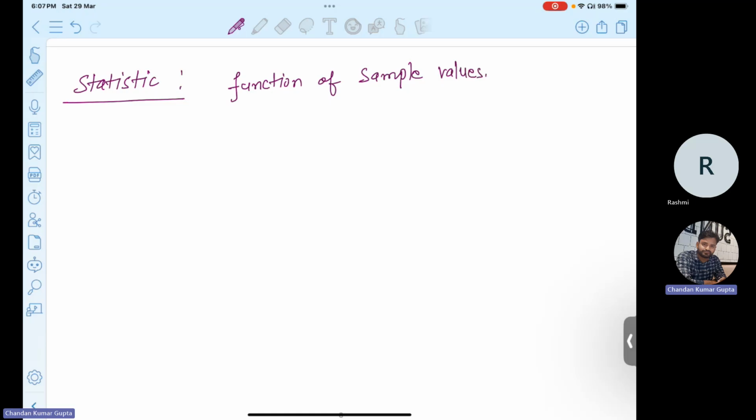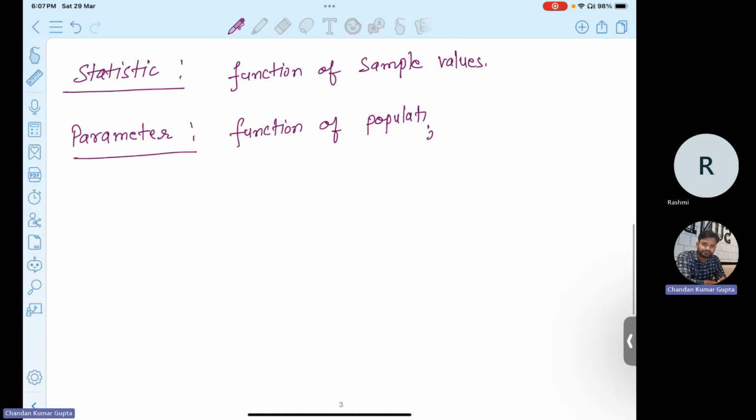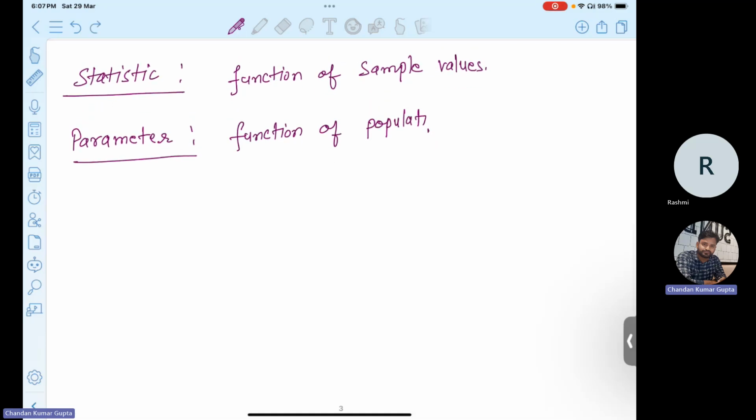We have also discussed in the last week what parameters are. Parameters are functions of population values, like population mean, population variance, and population median.